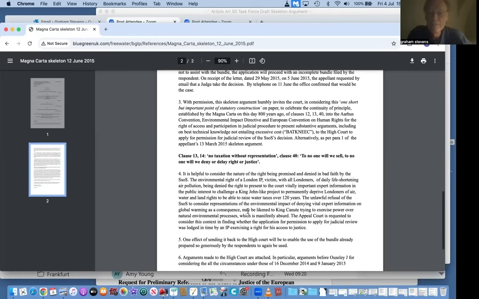And that this action against Thames Water mimics exactly the same political action that King John was trying to do in taking the water rights of Londoners 800 years ago.